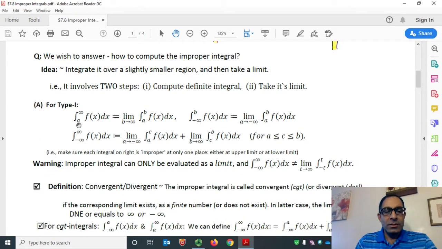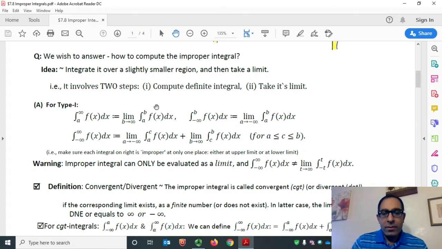For the integral of f(x) from a to infinity, forget the infinity for a moment and truncate at a certain finite number, let's say b. Then compute the definite integral from a to b of f(x) dx and then take the limit as b goes to infinity. Let me pause for a second. I hope this makes sense to you all.